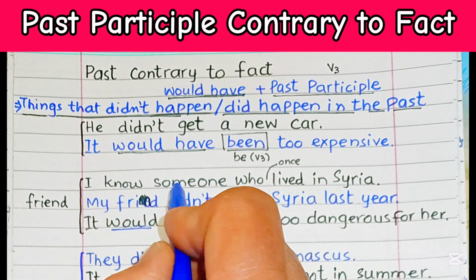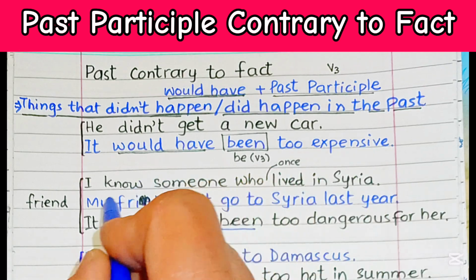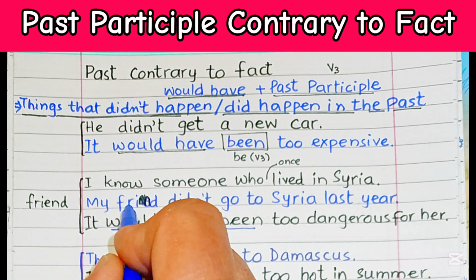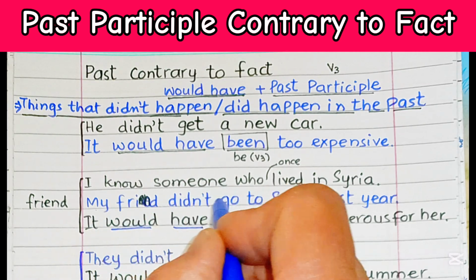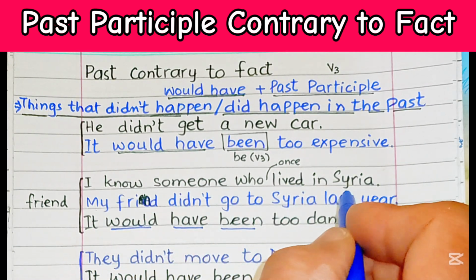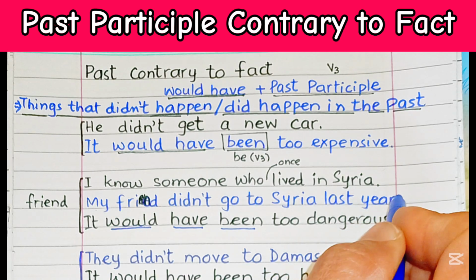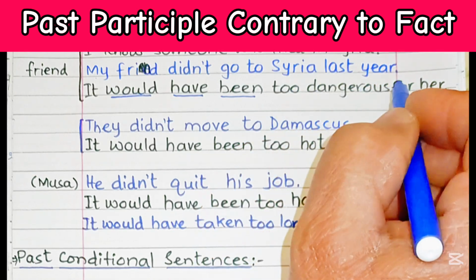So I know someone who once lived in Syria, and that particular person is my friend. So my friend didn't go to Syria last year. And what was the reason behind not going to Syria? It would have been too dangerous for her.